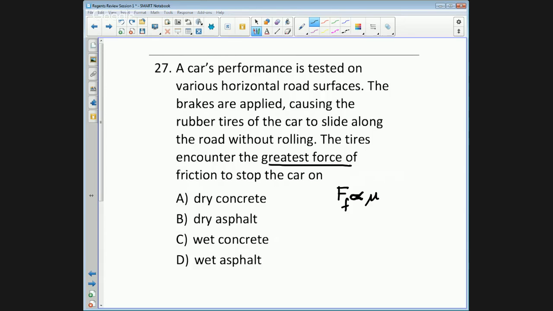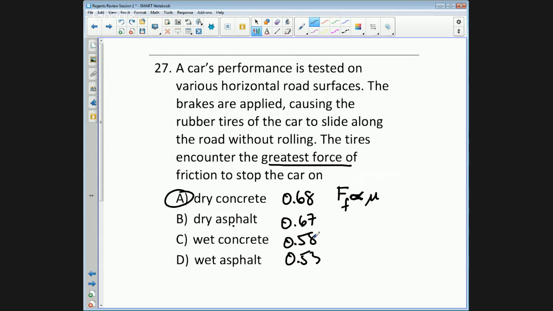The highest number there is dry concrete. Dry concrete has a value of 0.68. Dry asphalt has a value of 0.67. Wet concrete has a value of 0.58, and wet asphalt has a value of 0.53.